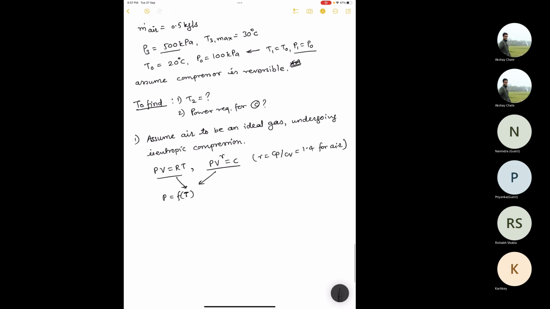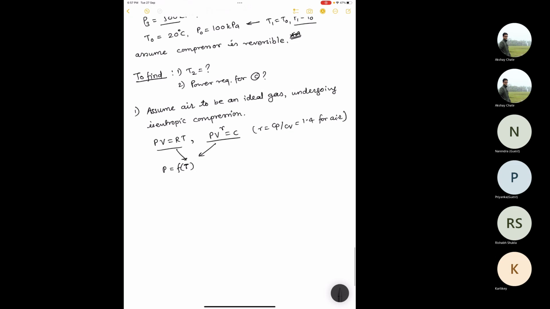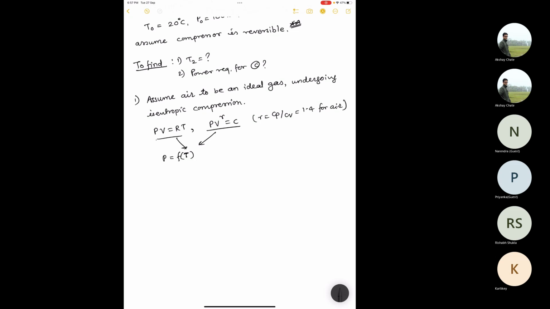So now how will you go about it? Some of you might already know this, but you need to basically eliminate V from this equation, and you can do a simple exercise like this. From here you can write V as RT by P and put this here.